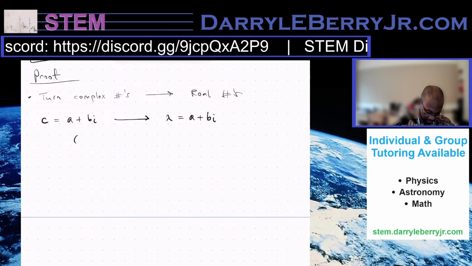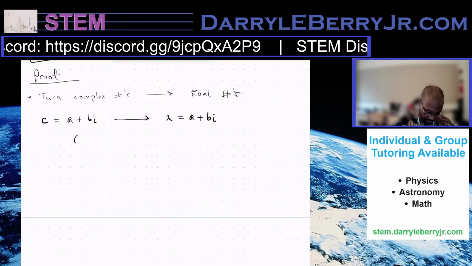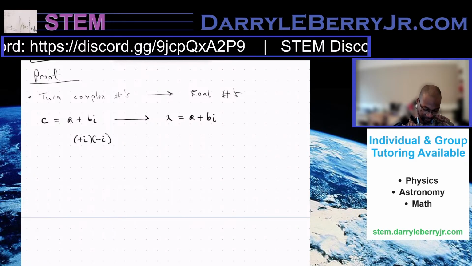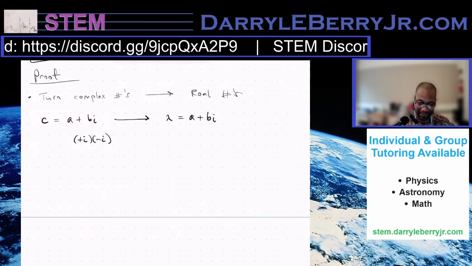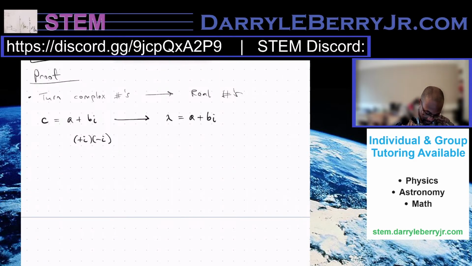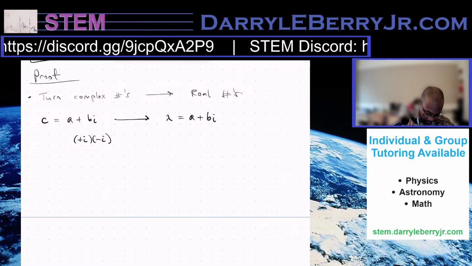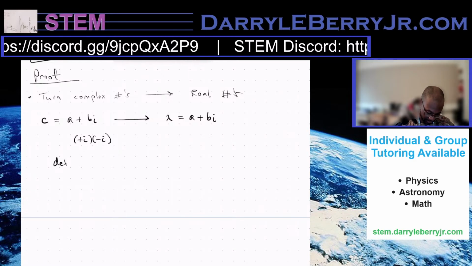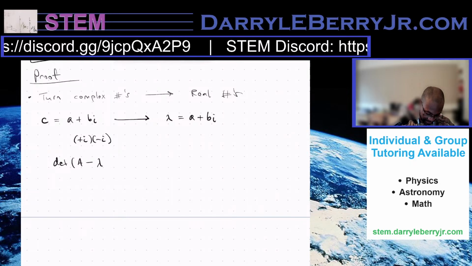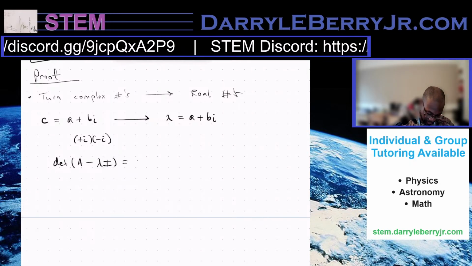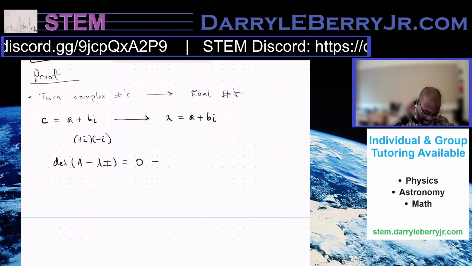We have the positive i times the negative i, and then the imaginary part cancels out. And we know that we get the determinant of A minus lambda I equals 0 to get the characteristic equation or the characteristic polynomial.